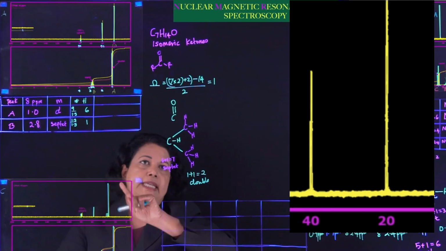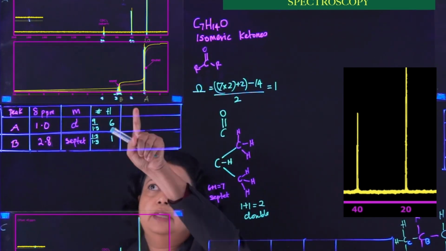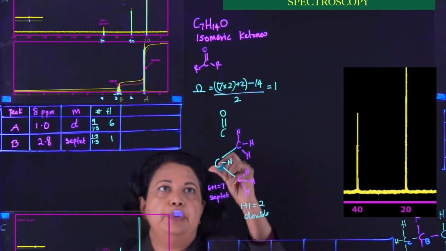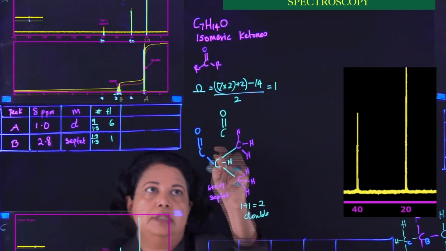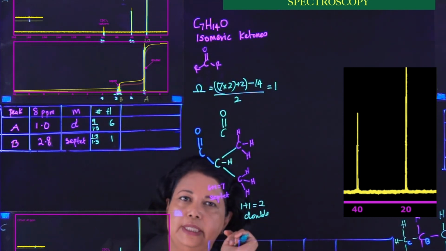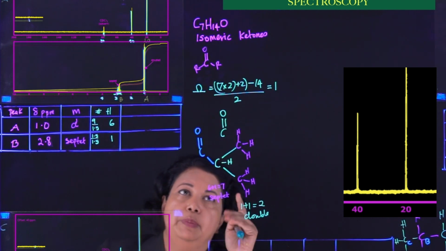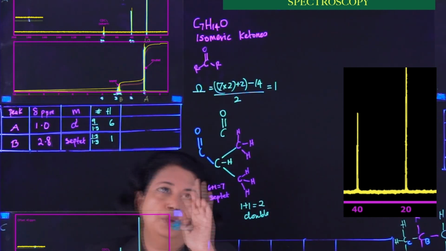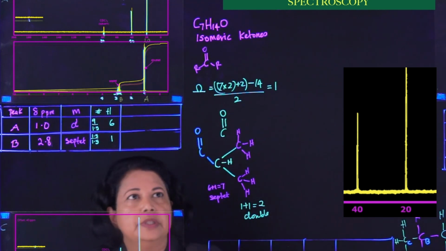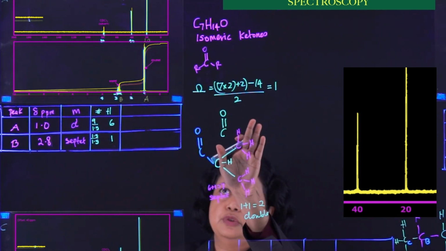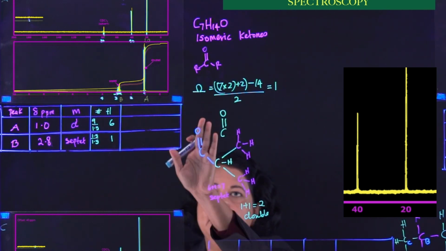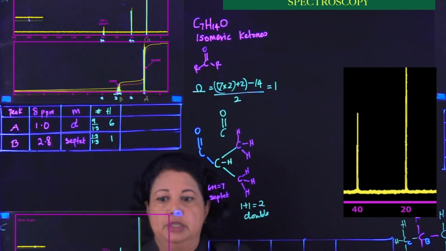So does that make sense in terms of a delta value of the NMR? If you have a carbonyl here, this is going to be very, very de-shielded, and it would be close to about 2.8. So the exact structure for this would be totally symmetric, with this reflected onto this side, and so you have a very symmetric molecule.